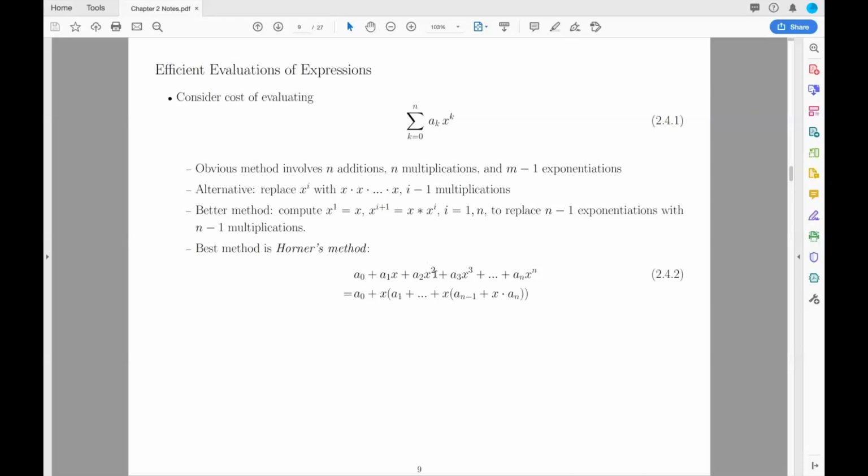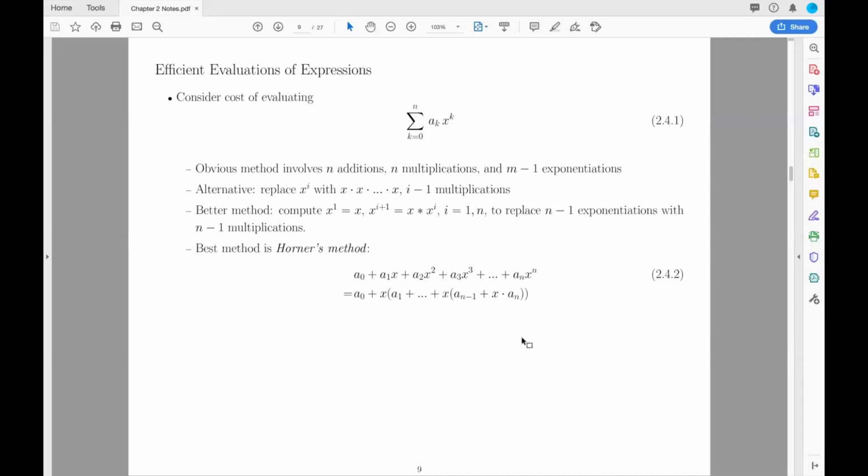That means you have one less power of x in all these terms. Of course, you can repeat that. Once you've taken out a0 and a1 times x, you have something which is also divisible by x. And so you end up with a nested sequence of additions and multiplications. So Horner's method is faster.